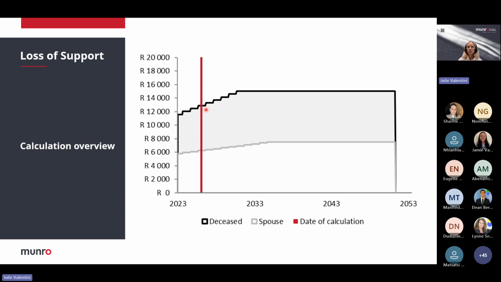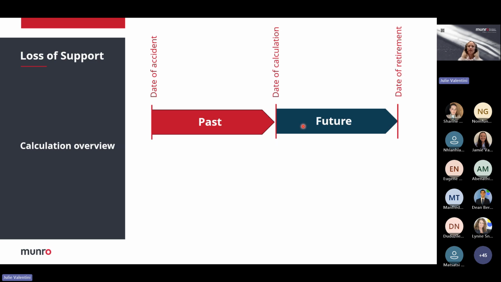And again, the future period, these earnings are also adjusted for the time value of money, as well as the probability that each dependent would be alive at that period. So the calculation does get quite complicated. Again, the past and future periods are the same as they were for a loss of earnings calculation.